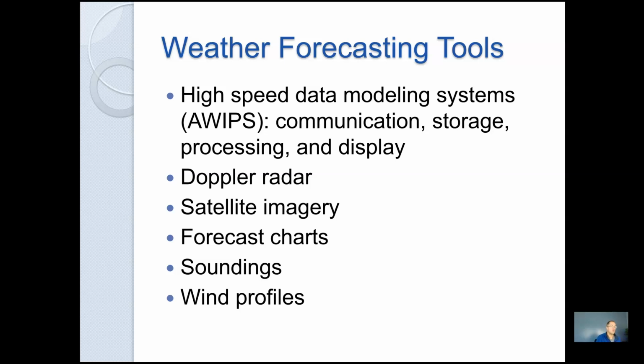So when we talk about weather forecasting, there's a number of things that go into our creation of forecasts, our verification of what is going on in the weather, and so a lot of what we deal with is high-end modeling systems. Being able to communicate the data, obviously massive storage needs, the processing needs to be able to run through what's effectively a series of what we refer to as governing equations.